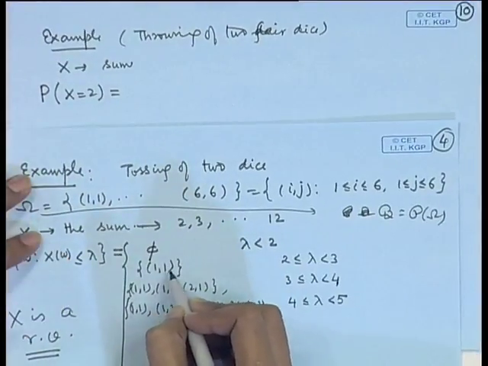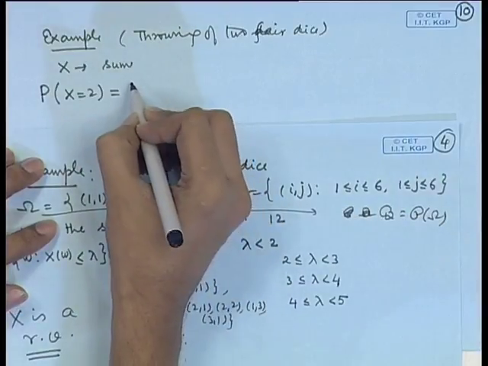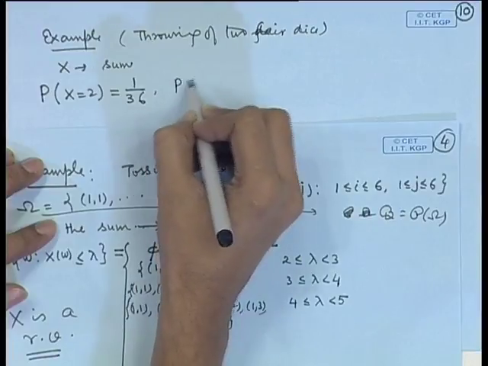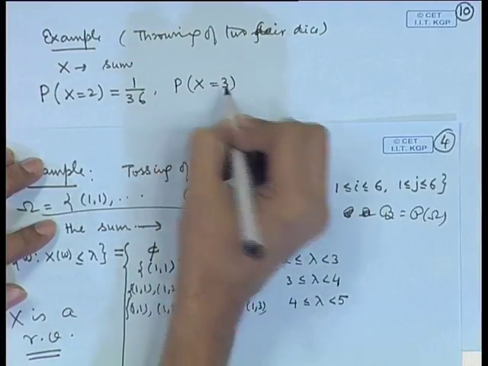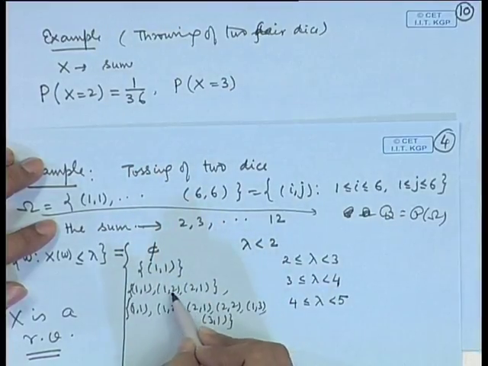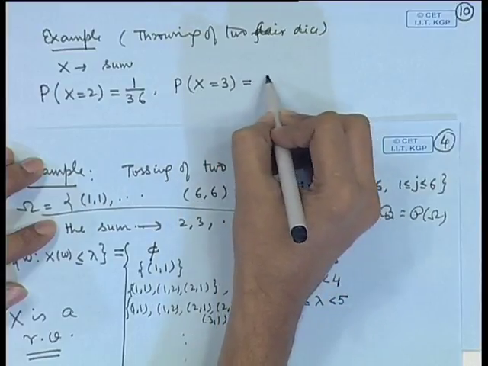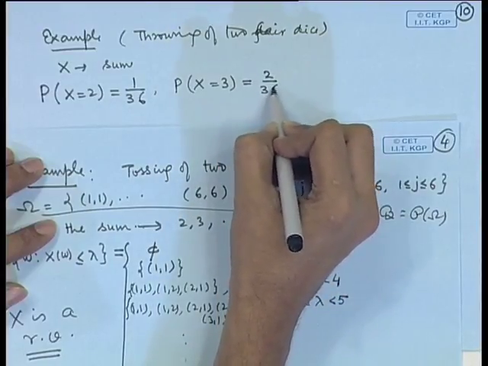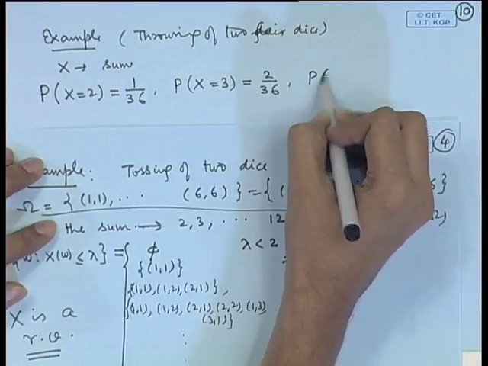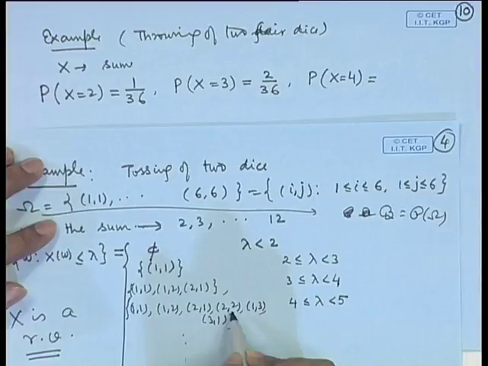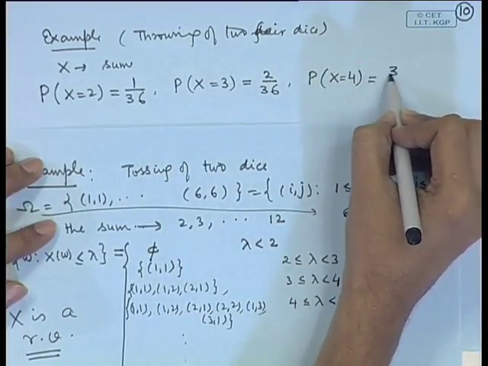There is only one outcome out of 36 outcomes, so for fair dice the probability of this will be 1 by 36. For X equal to 3, there are two outcomes, 1 2 and 2 1, which correspond to the sum being 3. Therefore, the probability that X equal to 3 is 2 by 36. For X equal to 4, the favorable outcomes are 2 2, 1 3 and 3 1. There are 3 possible outcomes.